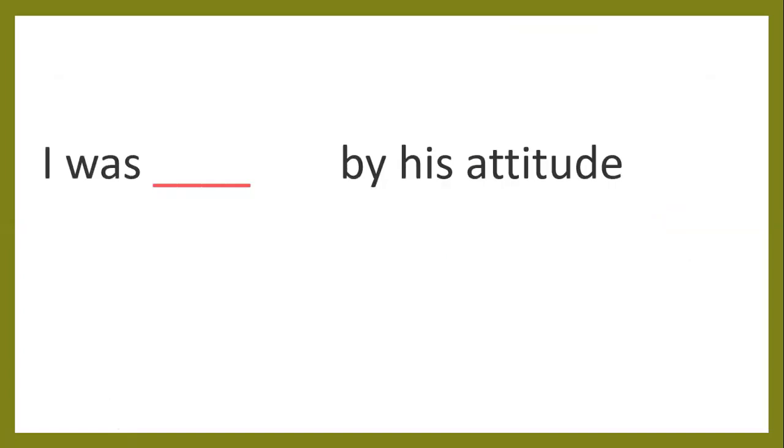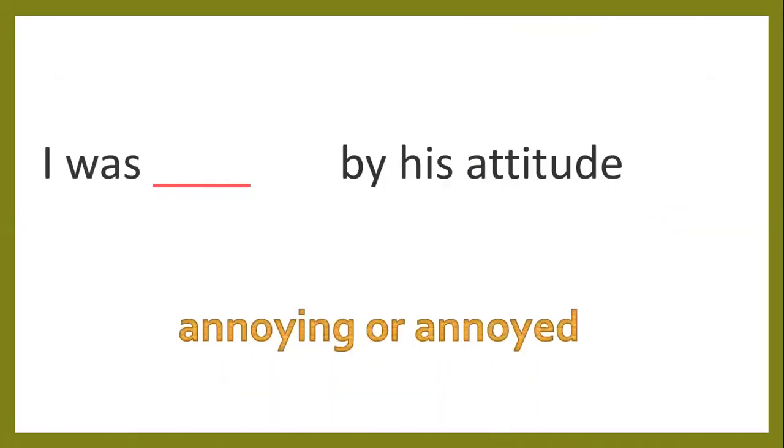Okay, we have an example. I was by his attitude. We are going to use annoying or annoyed. Exactly. With ed, annoyed. Why? Because we are talking about a feeling or an emotion.